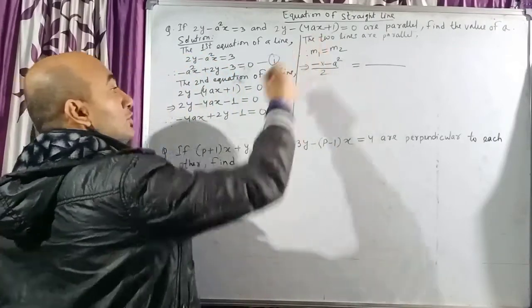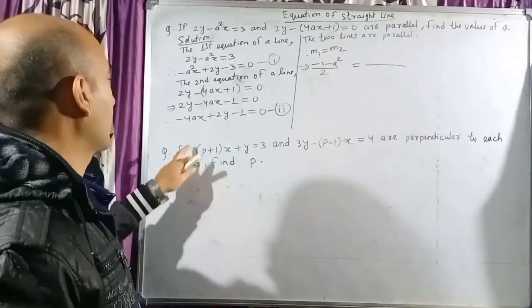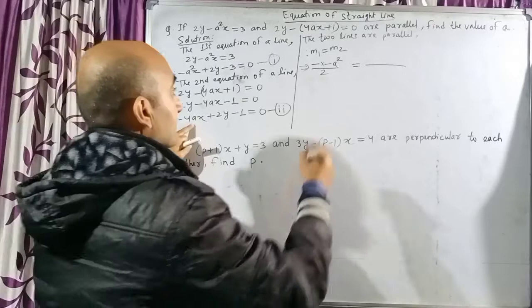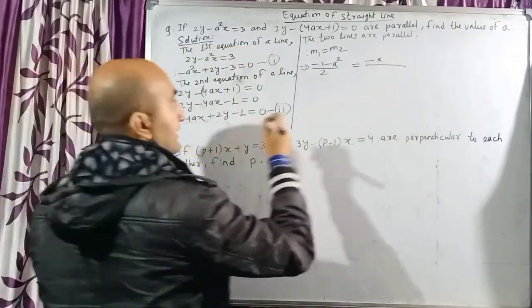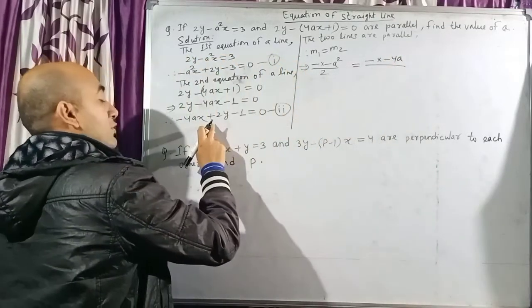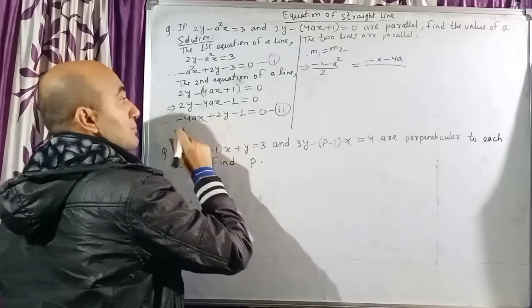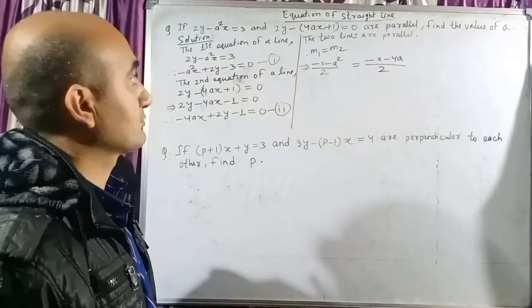Okay, come to the m2 formula, slope of the second one, minus coefficient of x. So minus into coefficient of x, which is minus 4a, right, minus 4a, and the coefficient of y in the denominator, that is plus 2. So you can write plus 2.